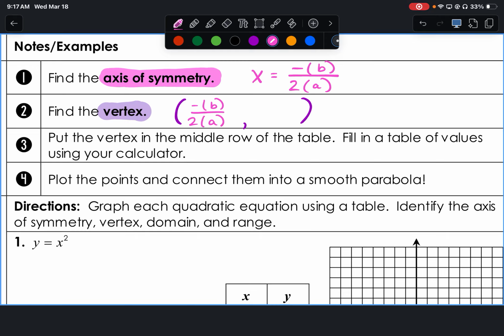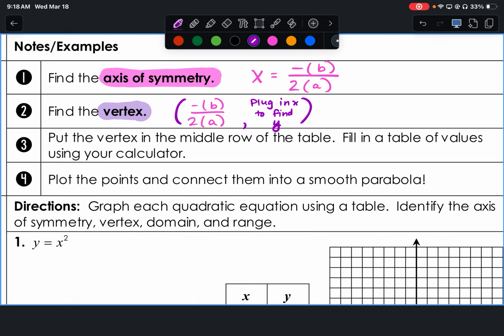How do I find the y value if I'm given the x value? What do I need to do with that x value? Plug it in. We're going to plug in x to find y. We use the same x value that we found in the first step. We just plug it in.